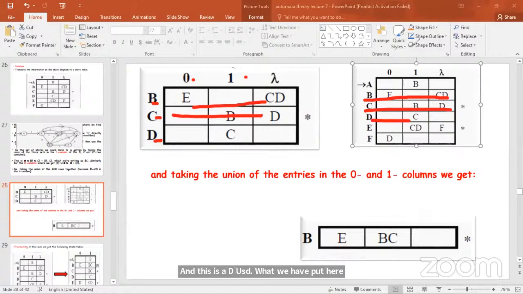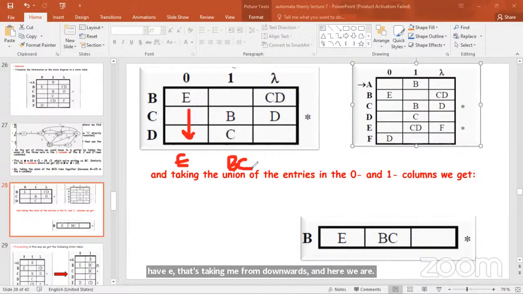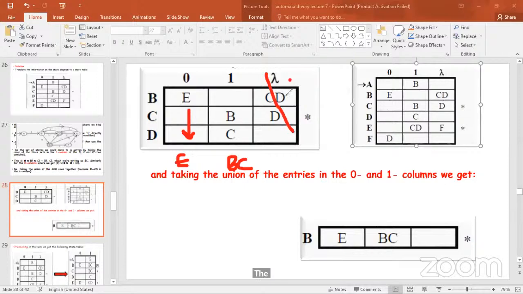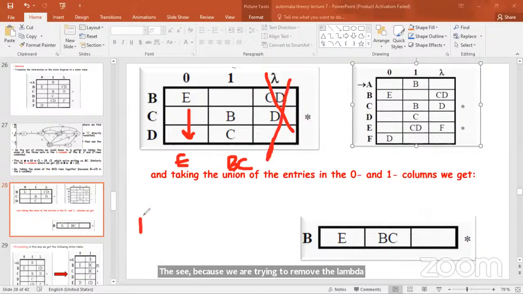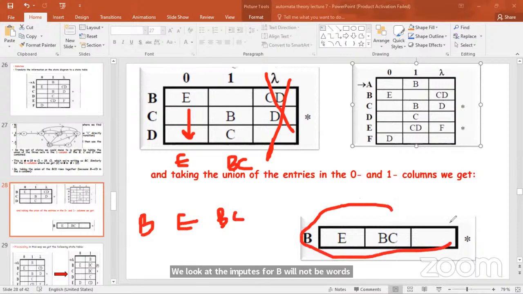So taking the union, we have E, that's taking it from downwards. And here we have B, C. And because we are trying to remove the lambda, the input for B will now be E under 0 and BC under 1. And that's what we have written here.